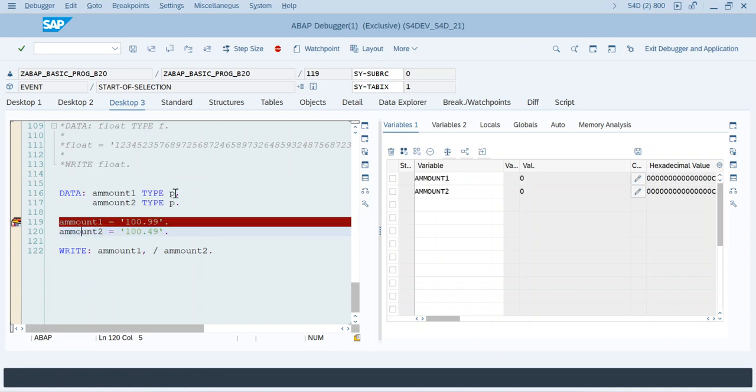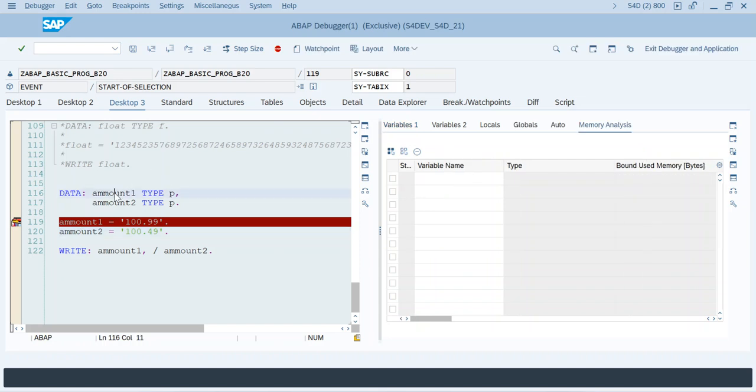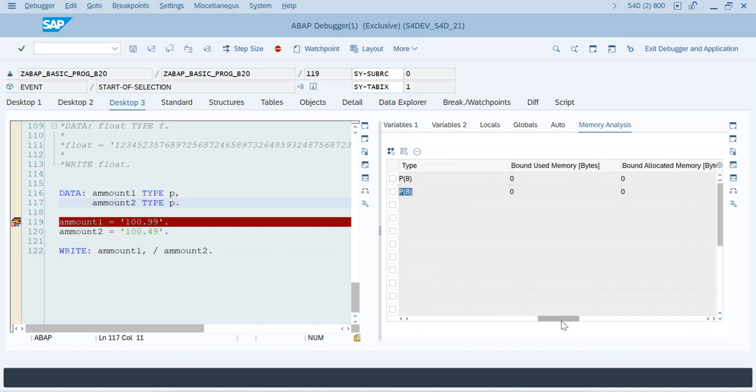Both are the same data type, same memory. You can observe here P of 8 bytes is taken by default. You see 8 and 8, right? That is the memory allocated.